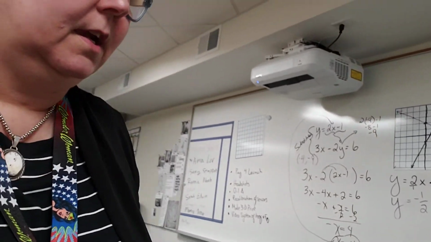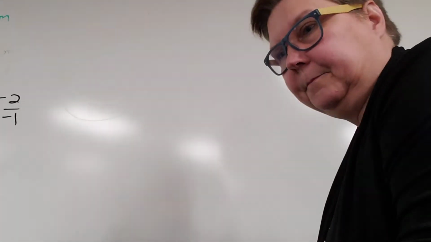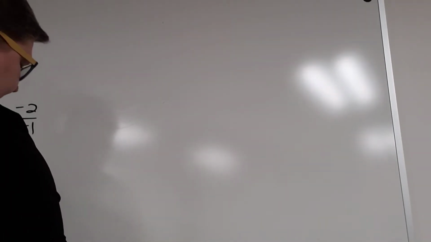I'm going to walk over here. We're going to do elimination, on this board here. Okay, so for elimination, it's used when you have things that are in what they call standard form.